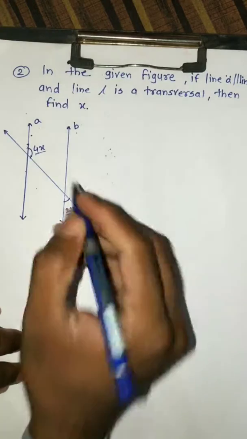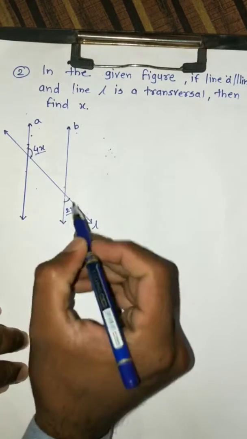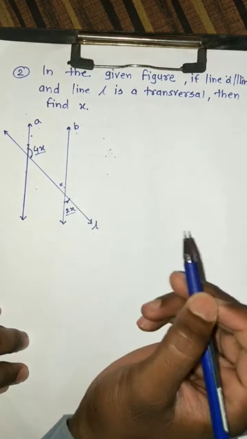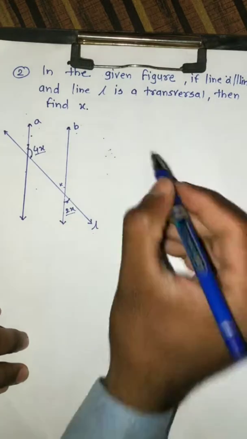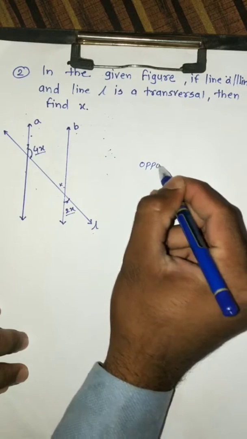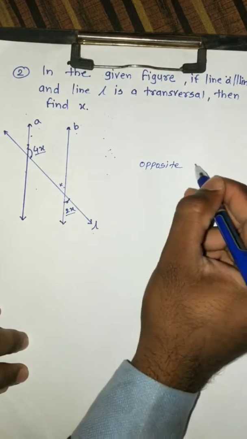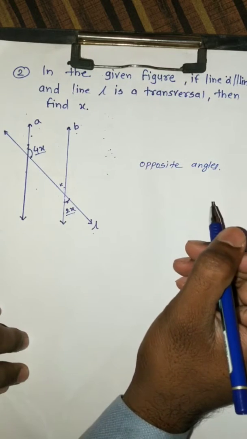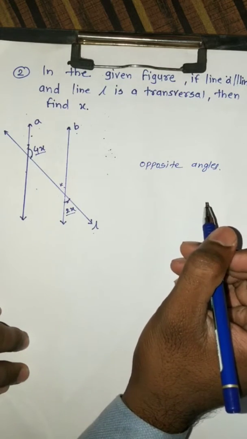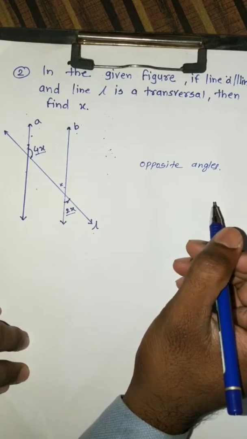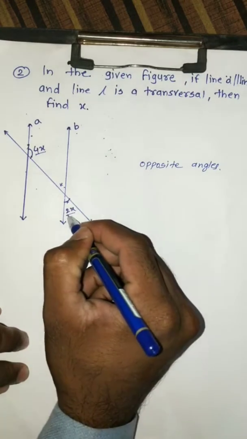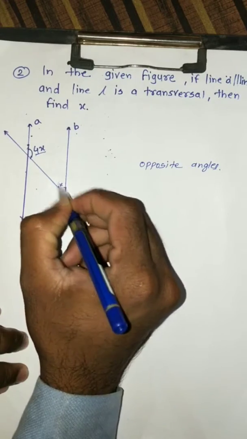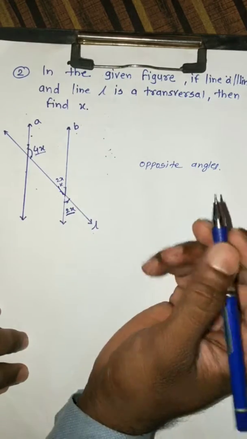First look at this angle and this angle, these are opposite angles. By the property of opposite angles, the pair of opposite angles are equal. This is 2x, therefore this angle is also 2x.